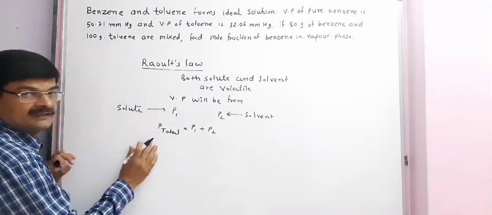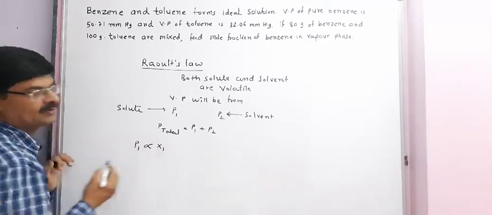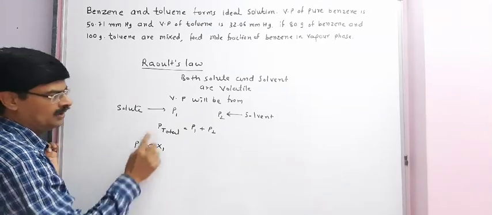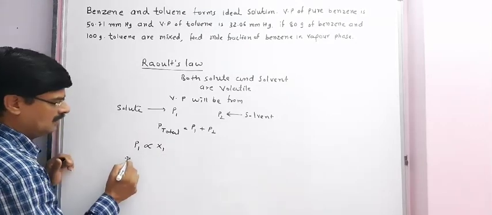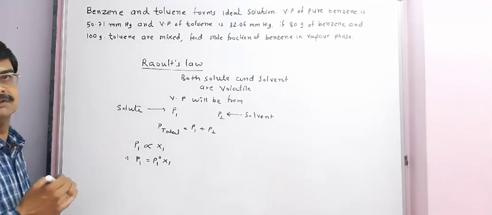So now we can say that P1 is proportional to X1, that is, the pressure of solute is proportional to the mole fraction of solute. We will get P1 is equal to P1 naught X1.